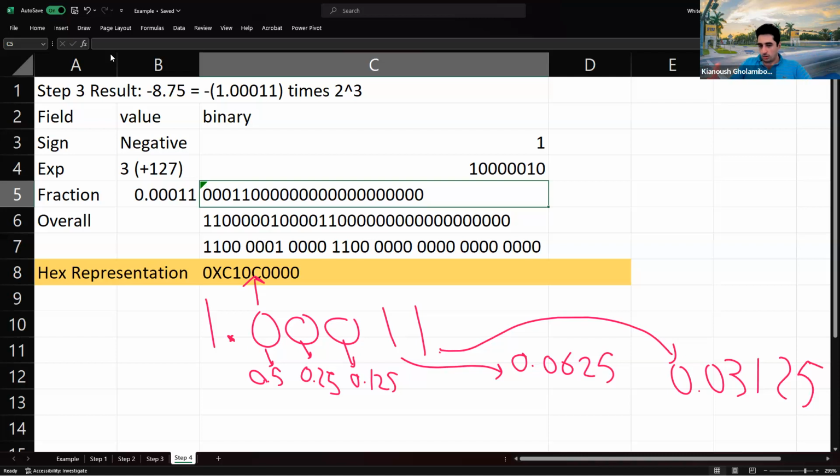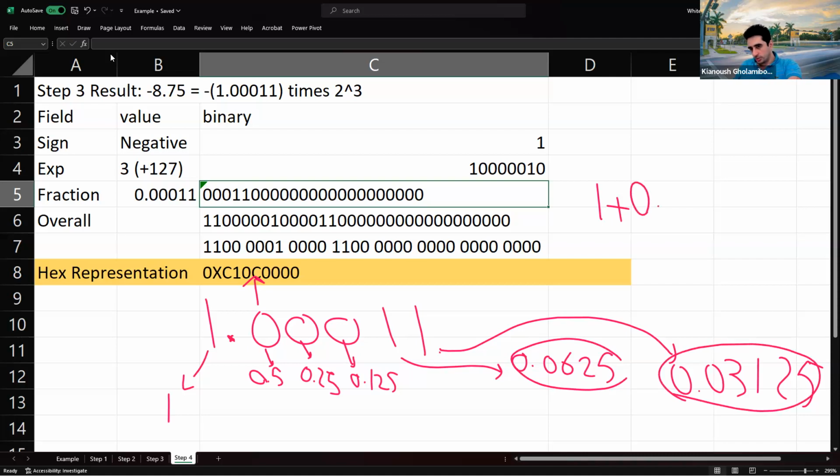It's going to be a very long fraction, right? And then you say, all right, so this number is basically the sum of 1. This one's weight is 1, so it's going to be 1 plus the sum of these two. This number plus this number, if you add them together, would be 0.09375.